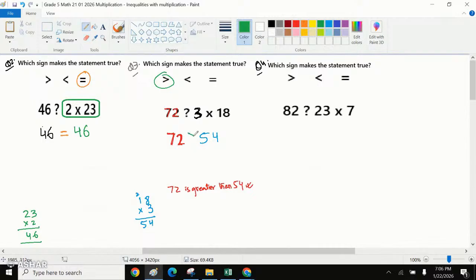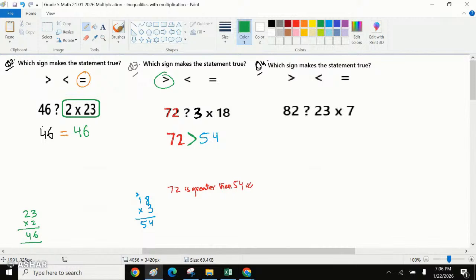We open the sign, the open mouth is towards the bigger value, or the closed side would be towards the smaller value. That's how we try to remember what greater than or less than is.